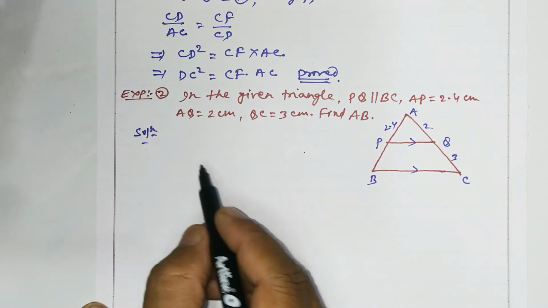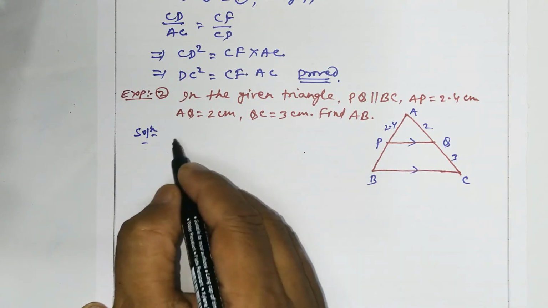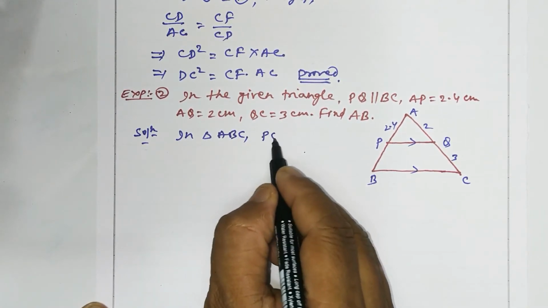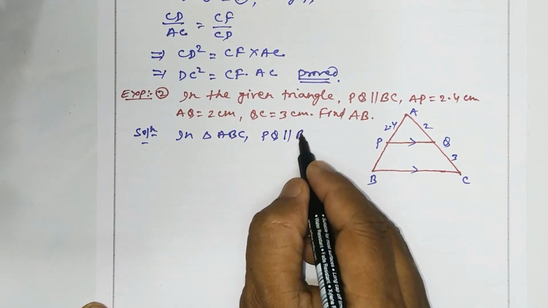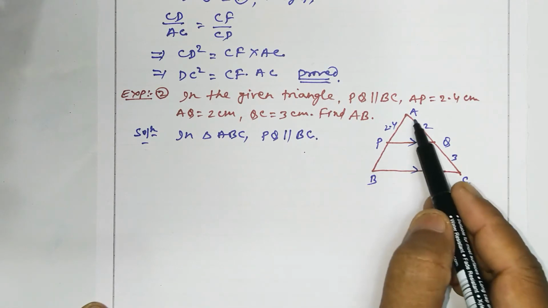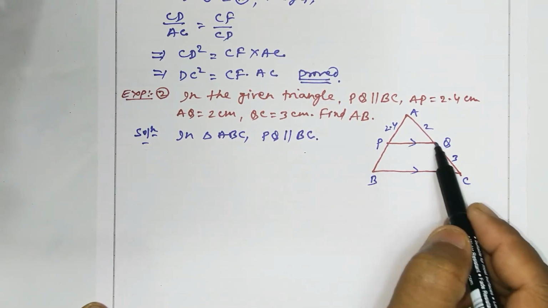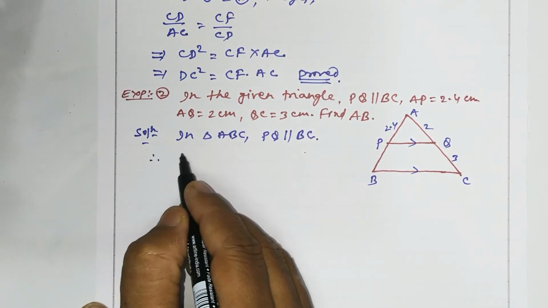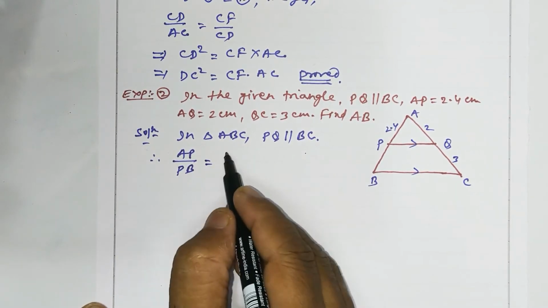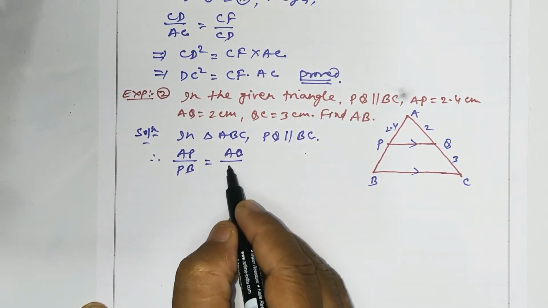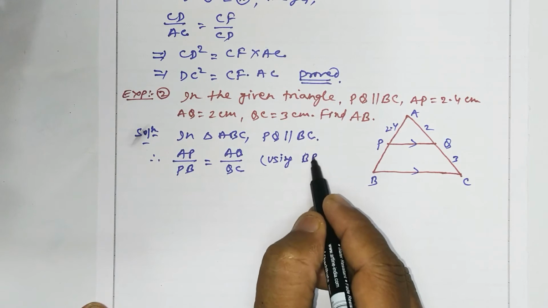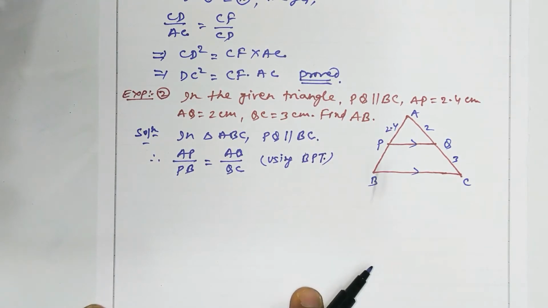So AP by PB equal to AQ by QC, using BPT, the basic proportionality theorem.